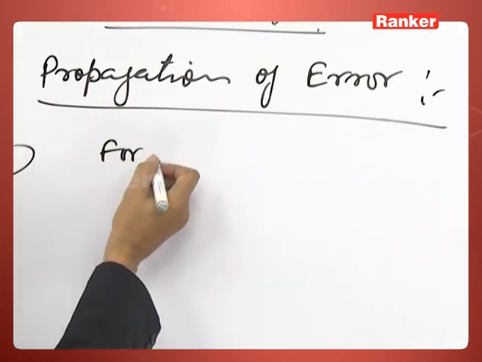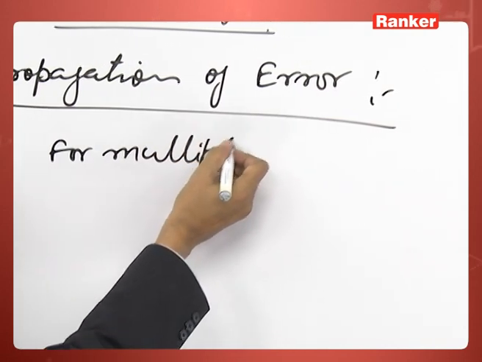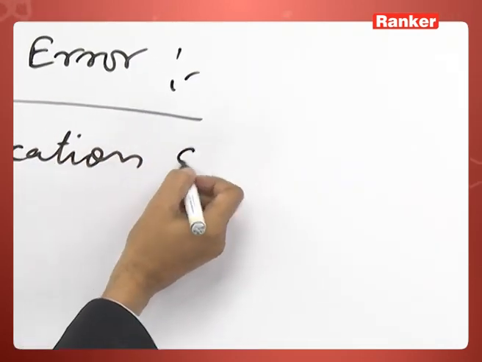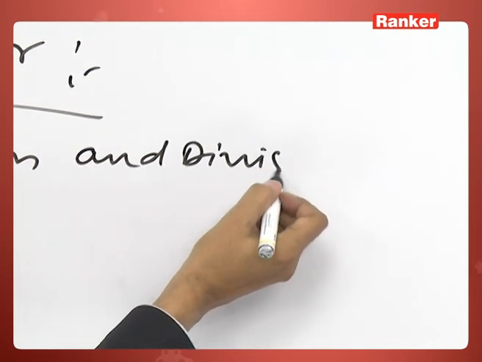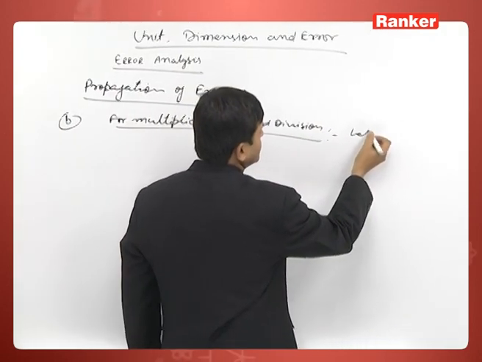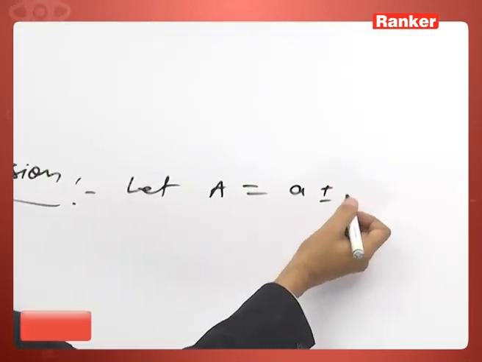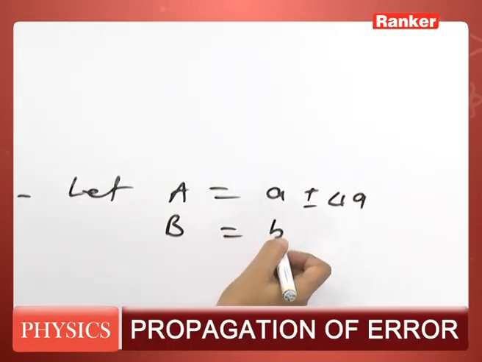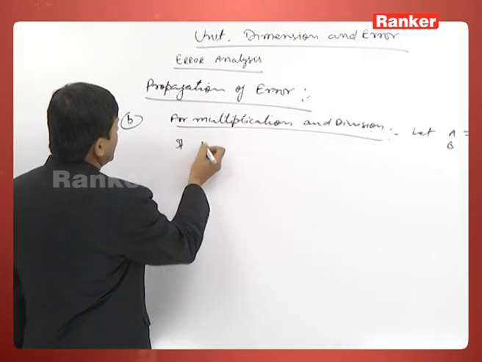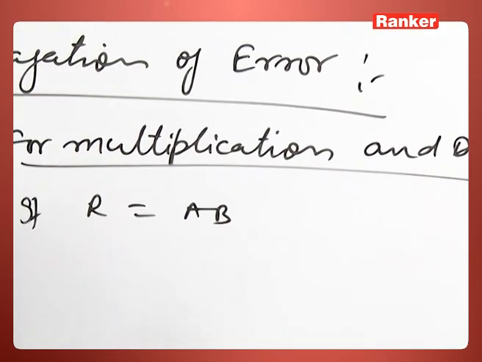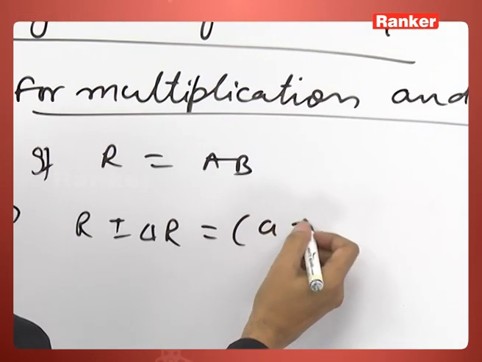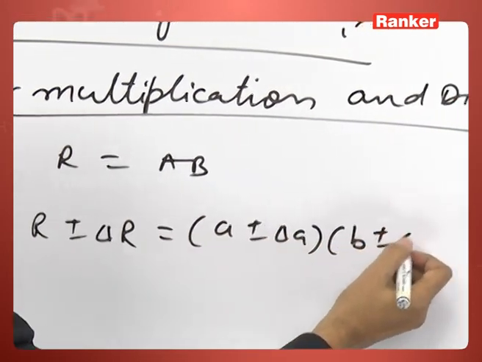For multiplication and division, in the same way, let A be A plus minus delta A and B be B plus minus delta B. Now, if R is equal to A into B, then in terms of error we can write A plus minus delta A into B plus minus delta B.